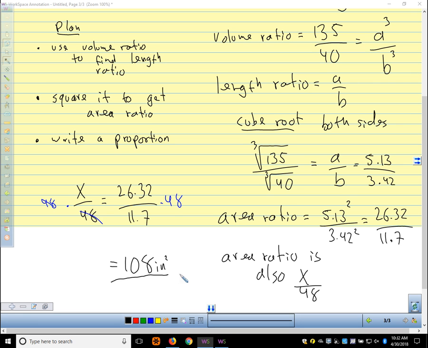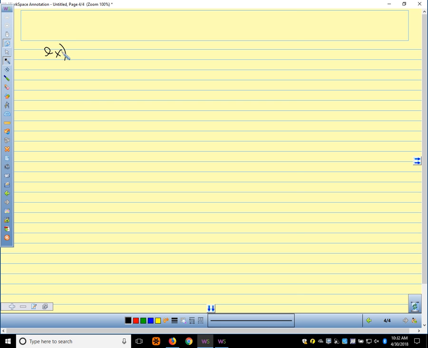So this is exactly how we solved this type of problem when we talked about similar polygons. We did the same kind of process. All right, let's look at one more. We're just going to do a different order this time.